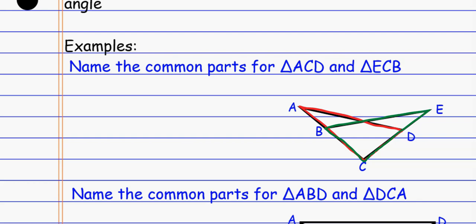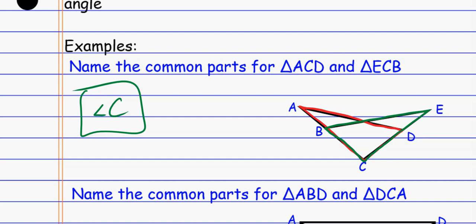As I look at those two triangles and want to see which pieces they have in common, again, it has to be a shared side or a shared angle. Right away, there's a shared angle: angle C down at the bottom. Angle C is one of the angles for the first triangle, and it's also one of the angles for the second triangle. The temptation for students here is to say something like segment BC or segment DC.